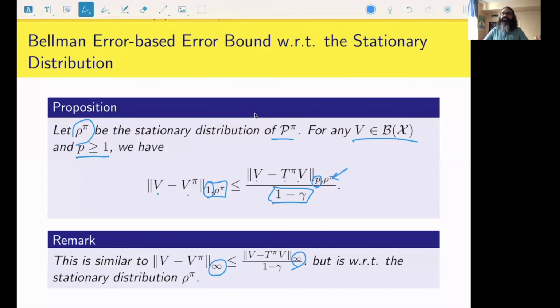I should check the condition. If the state space is countable, then everything should be nice, as long as we always have an eigenvector corresponding to eigenvalue equal to 1. It may not be unique if there's a degeneracy.